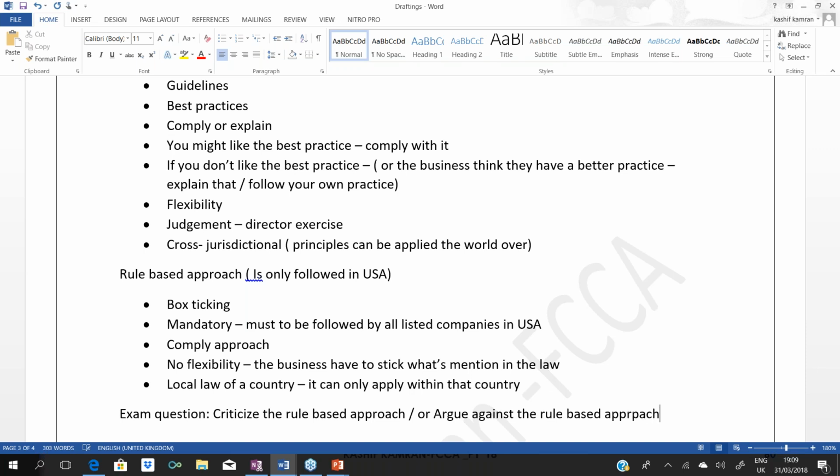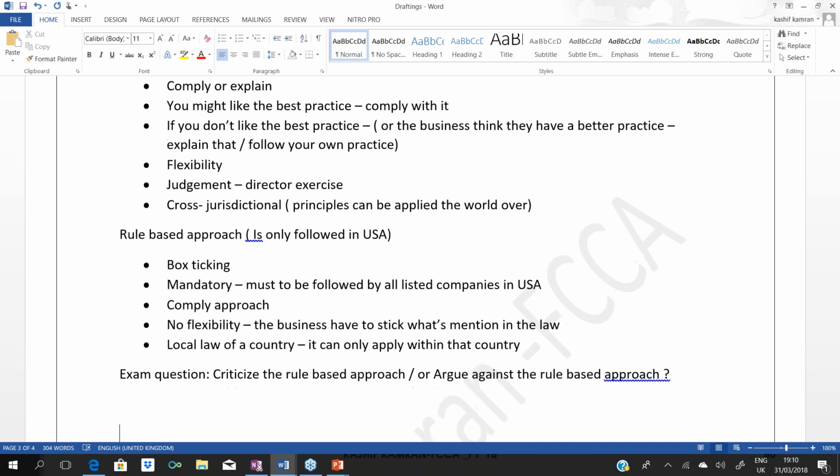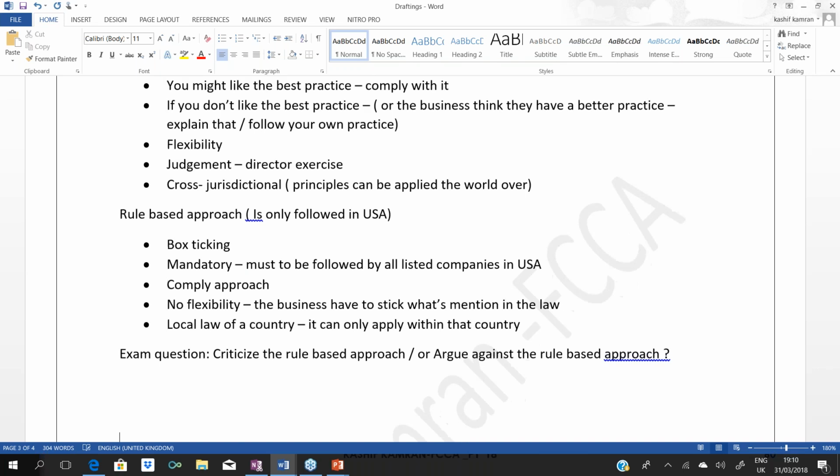As a student, you should know what the arguments are against a rule-based approach, why a rule-based approach is not good. So in P1, a student should have a mindset of criticizing or going against a rule-based approach. Why is a rule-based approach not good?